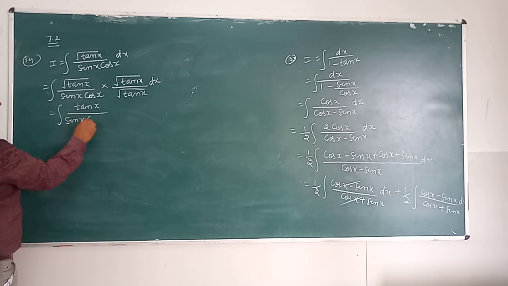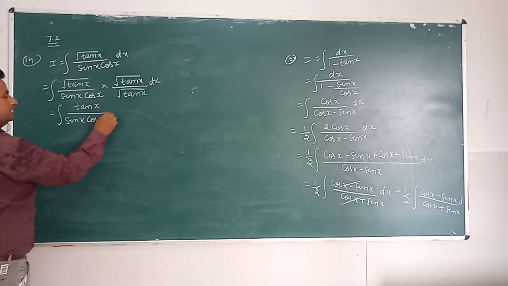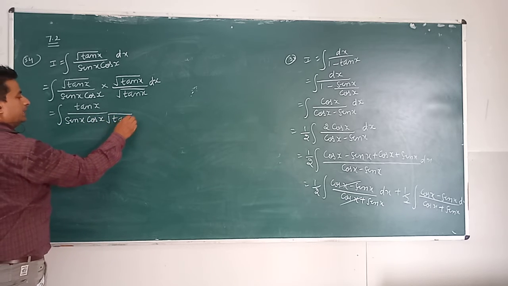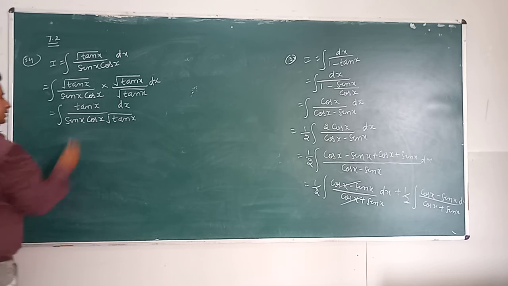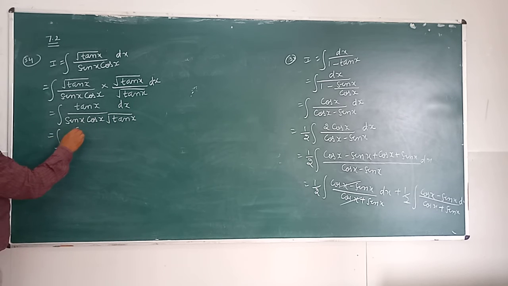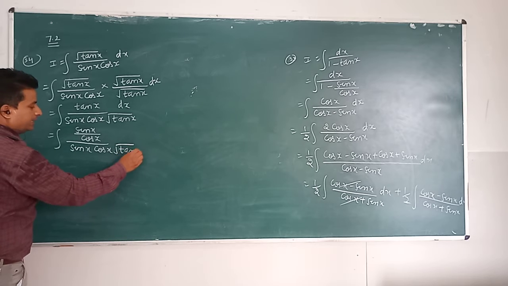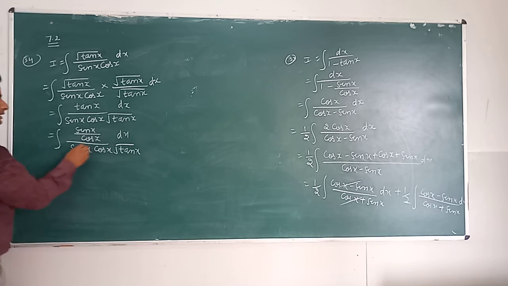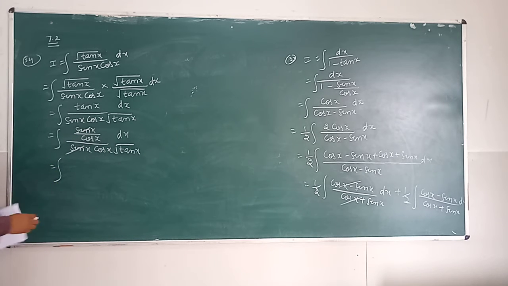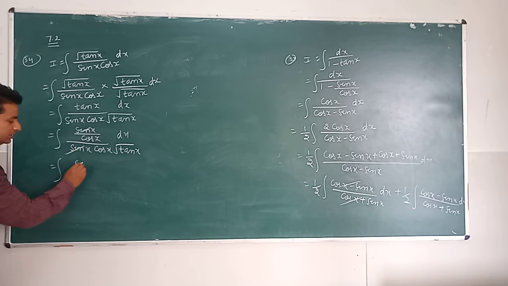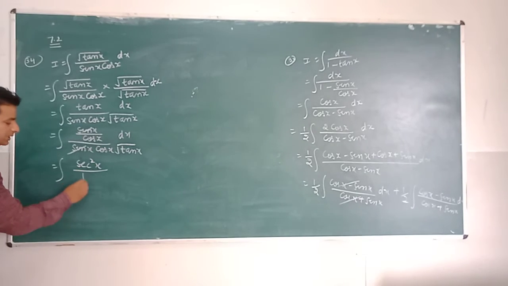The denominator is sin x into cos x into under root tan x. In the next step we write tan x as sin upon cos, so this is sin x into cos x into under root tan x. So this is cancelled. When we multiply, this is cos square x, which is secant square x in the numerator.